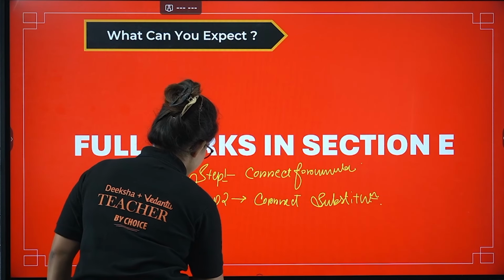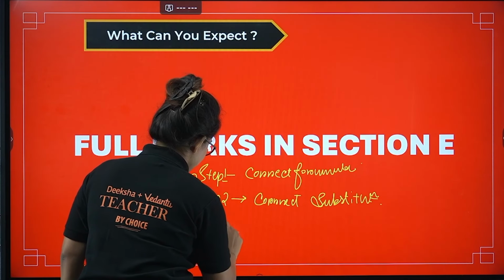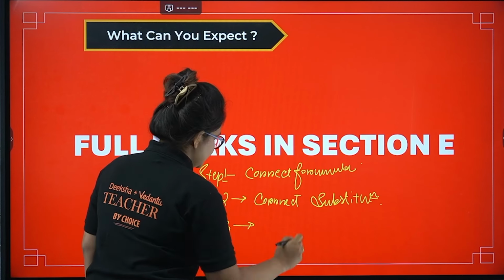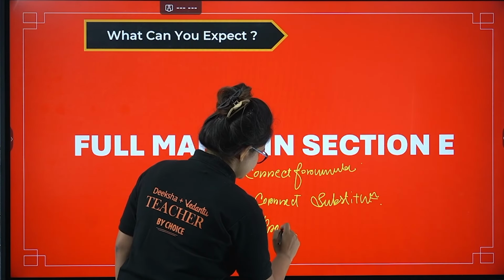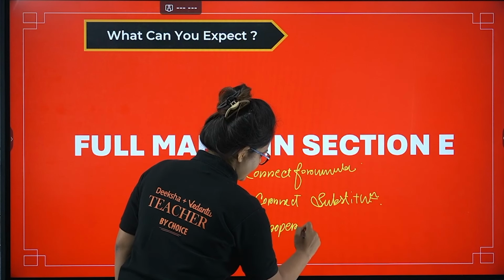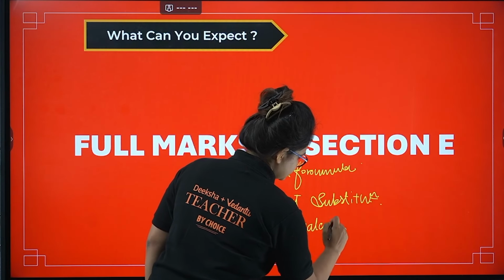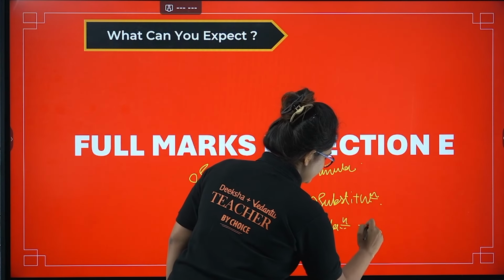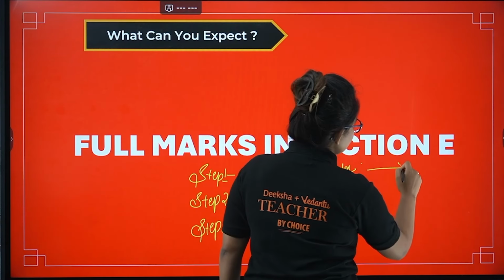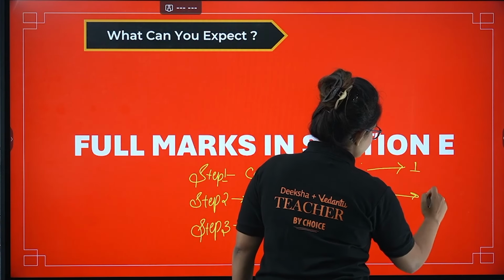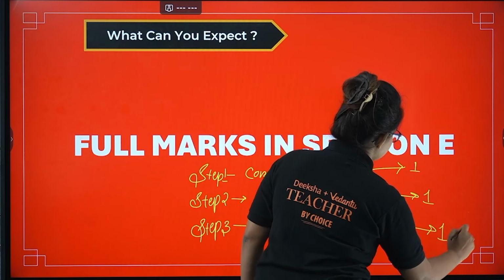Okay, and final step, that is proper calculation plus unit. Okay, so this will give you 1 mark, this will give you another 1 mark, and this will give you another 1 mark.